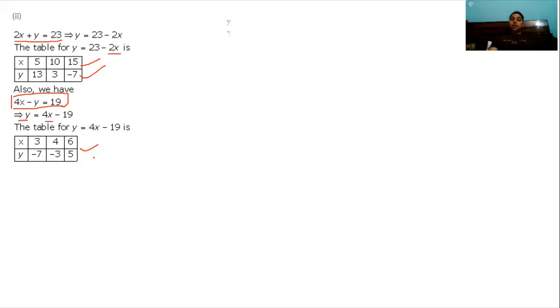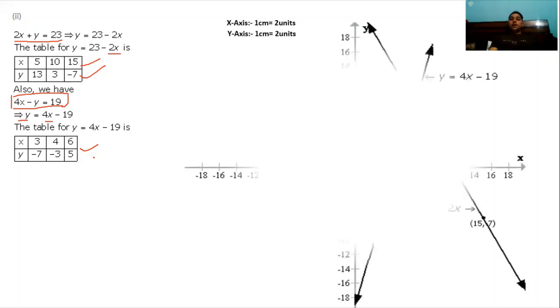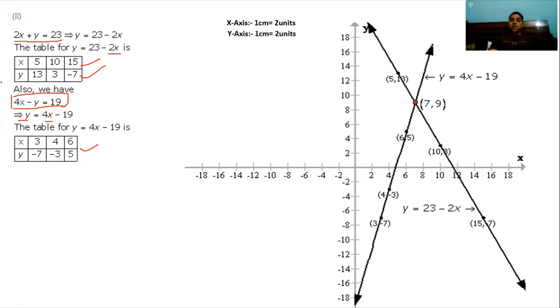Then we have to take a scale factor because we have larger numbers. We have plotted the points randomly, but you have to plot this on the graph paper.